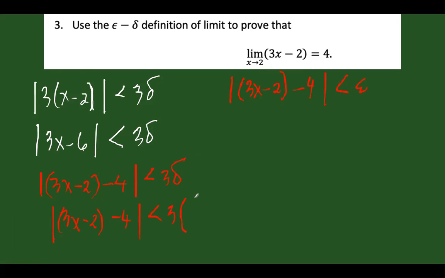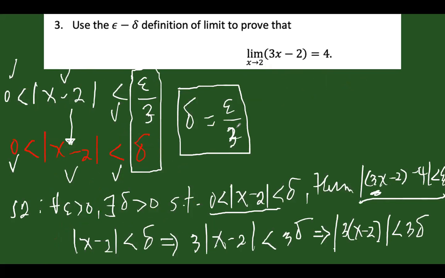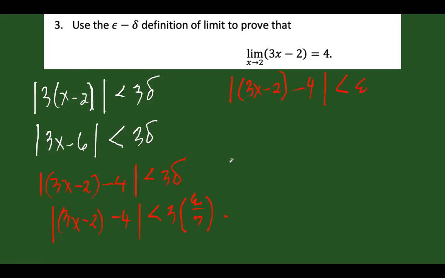And how did we get epsilon over 3 again? Let's go back here. We got delta is equal to epsilon over 3. So by substitution, we can cancel this out. So therefore, our expression becomes the absolute value of 3x minus 2 minus 4, in parentheses, is less than epsilon.